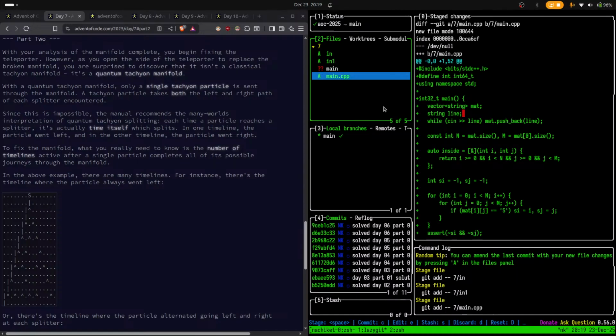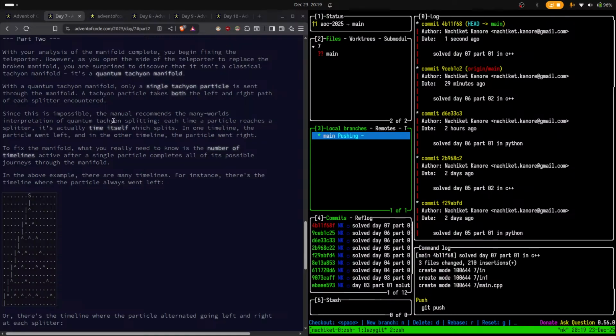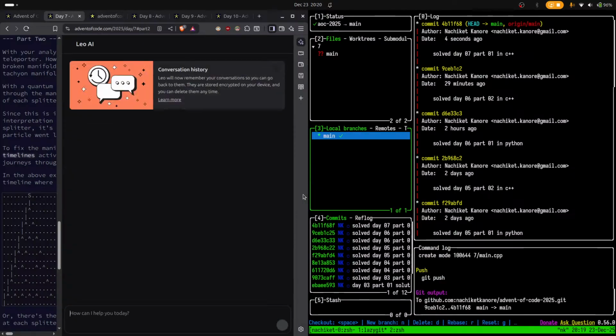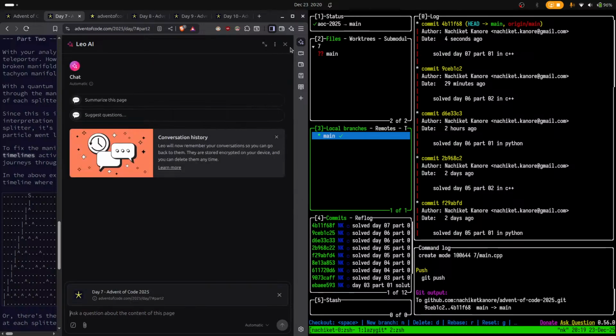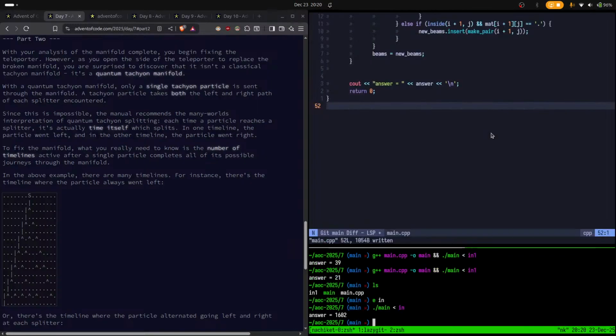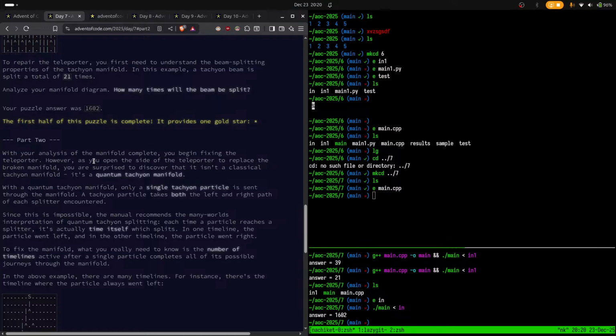Input file. Let's see what they are asking in part two. The quantum tachyon. With a quantum tachyon manifold, only a single tachyon particle is sent.